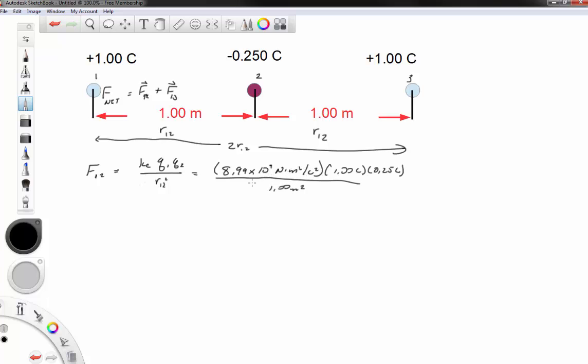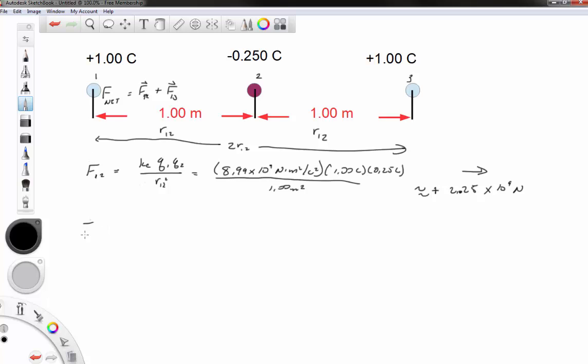Okay, so basically what we get is 8.99 times 0.25, which is about 2.25. So we'll call it 2.25 times 10 to the 9 newtons. Okay, and which direction is that acting? Well, it's acting from left to right. So we'll call that direction the positive direction.